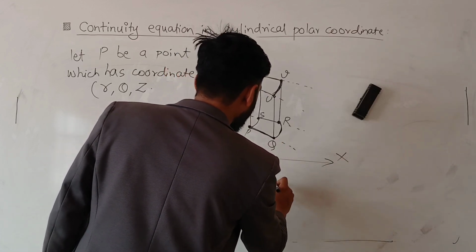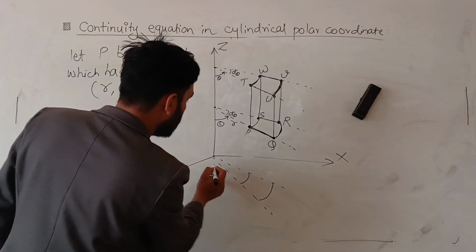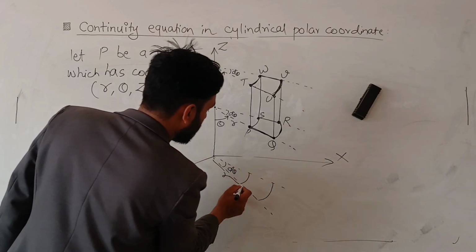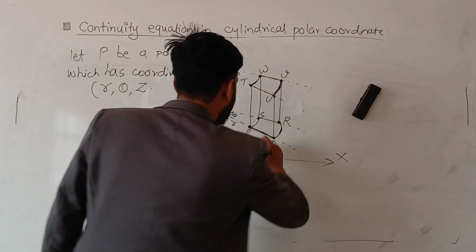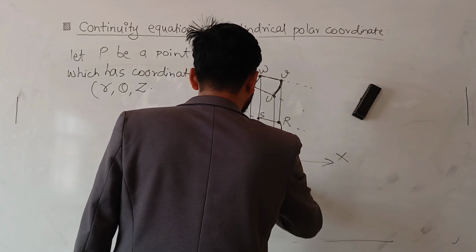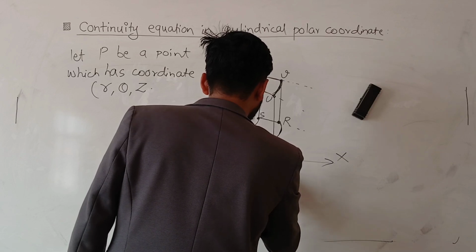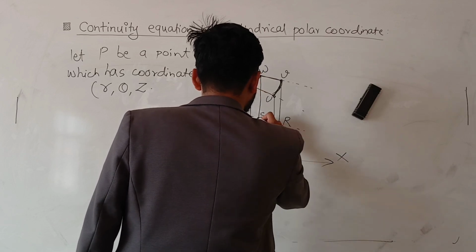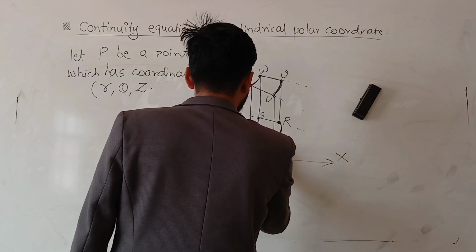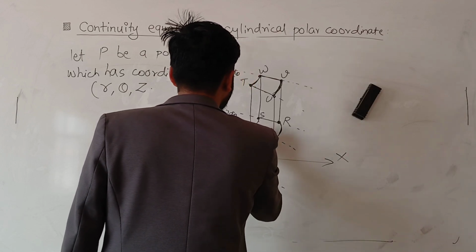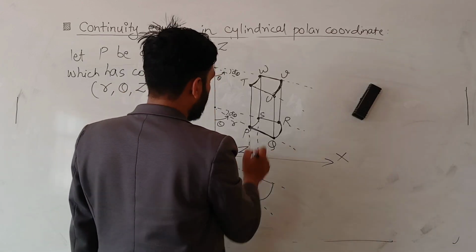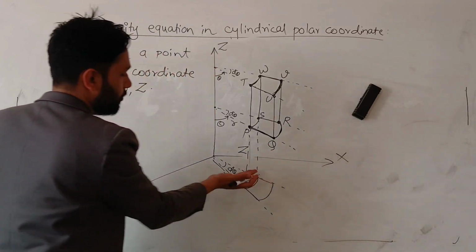So let's draw a parallelepiped in this plane. Here also this is d theta, and this is r, and you can just join this one. And this one is z. This point P is at a distance z from the plane.